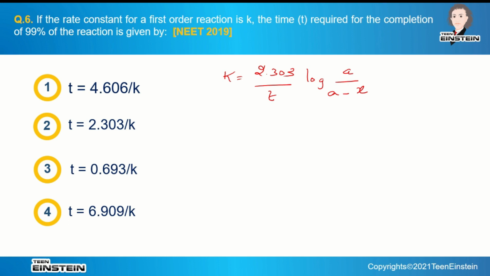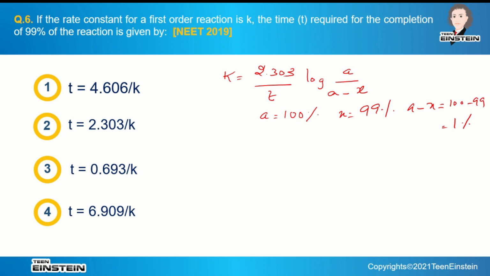The complete reaction is considered as 100%. So the given completion of the reaction is X = 99%. So A − X is 100 − 99, that is 1%.